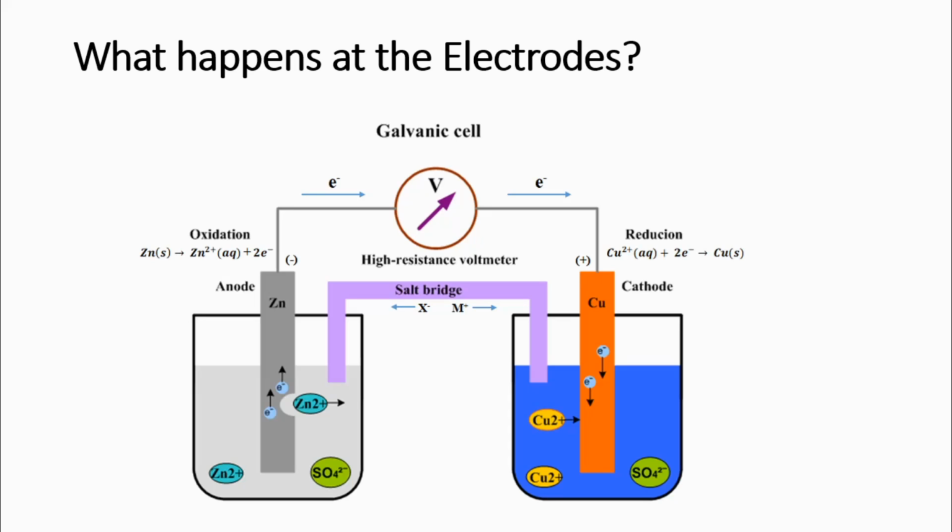These excess electrons will travel around an external circuit over to the cathode. Now, before we talk about the cathode, let's continue on the anode. When the zinc ions break off and enter solution, leaving behind their electrons, this is called oxidation because they lost their electrons by leaving them inside the anode.